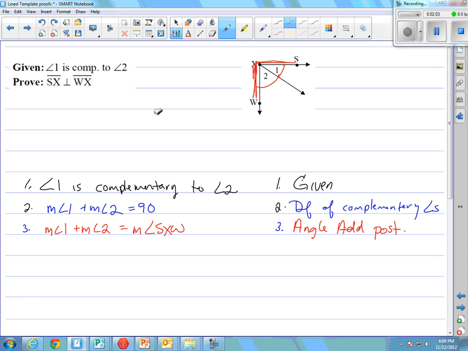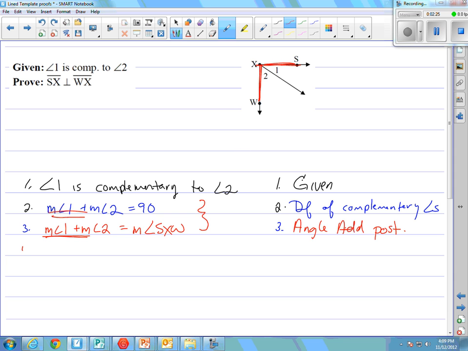Now, looking at these two steps here, I know that angle 1 plus 2 is equal to SXW, and 1 plus 2 is equal to 90. Well, I want to show that SXW, this angle right here, is actually a right angle.